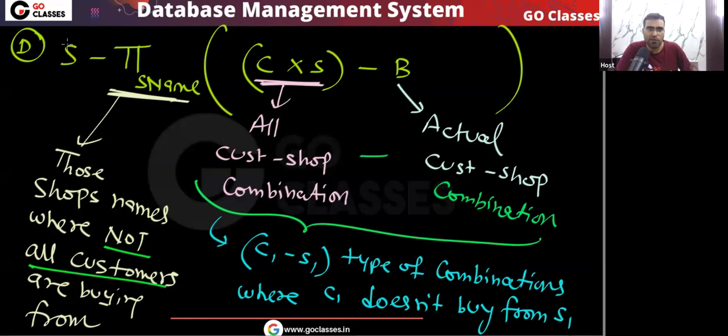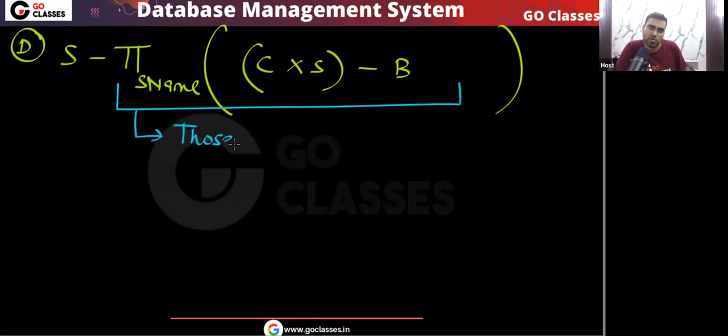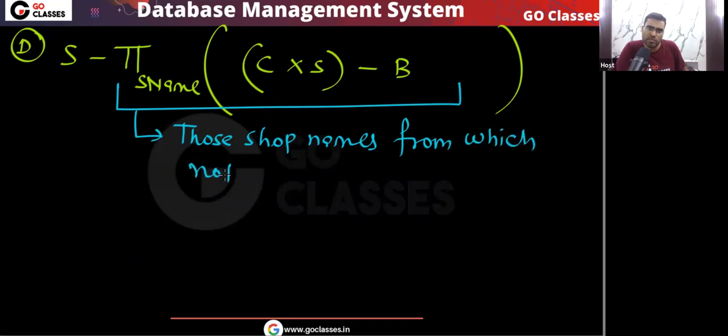Now you tell me, from all the shops, if you remove these shops, what will the final result be? Remember here you have those shop names from which not all customers are buying.